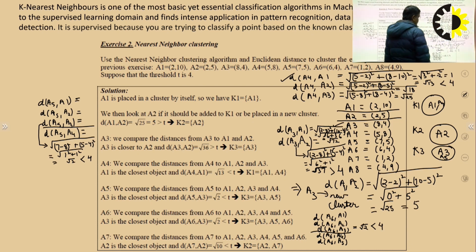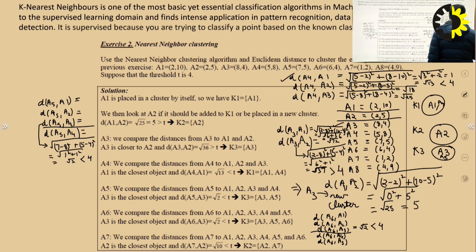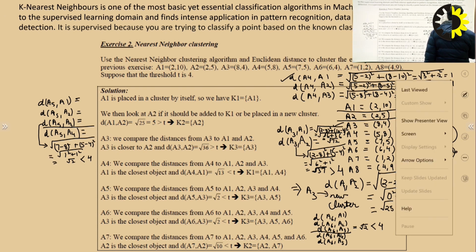So the cluster containing A3, which is K3, is going to contain the new point A6 as well.